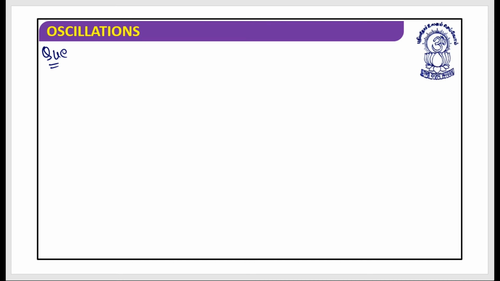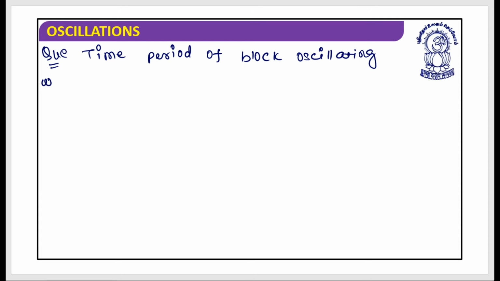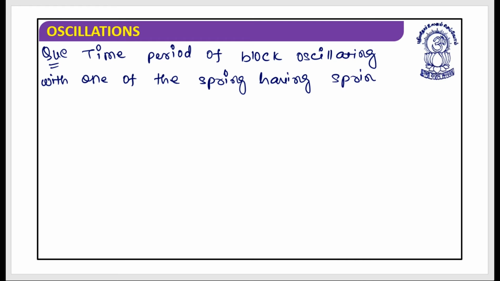The question says that the time period of a block oscillating with one of the springs having spring constant k1 is T1.